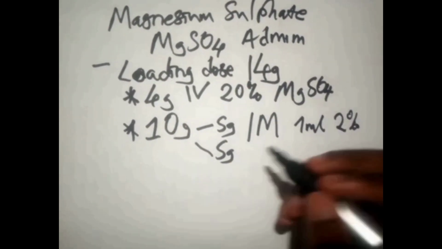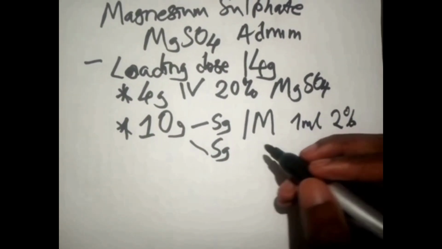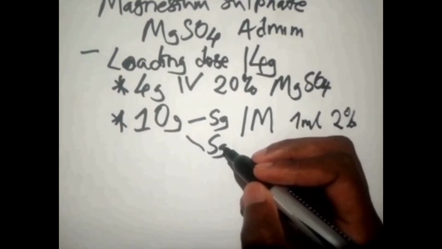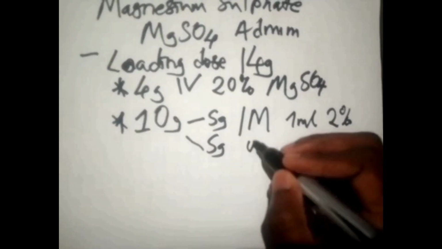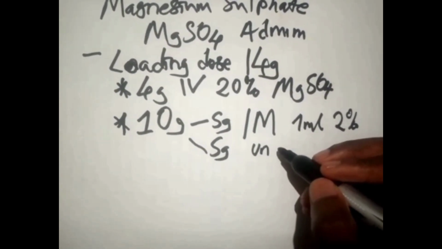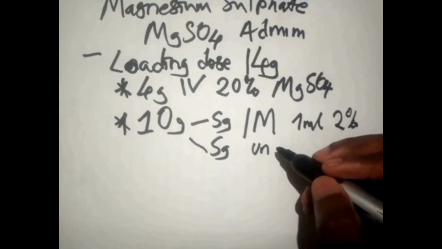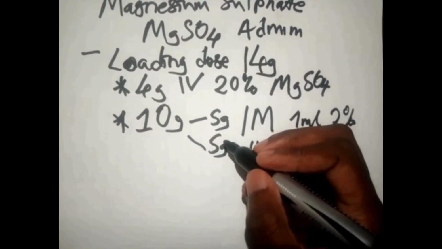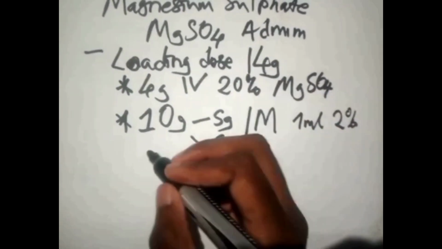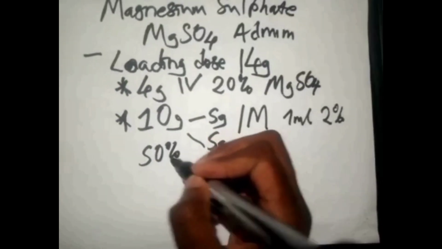Now the difference is that for these two, the 5 grams each, in our setup we have 50%. The 4 gram, I said, is 20%, but for the 5 gram we use magnesium sulfate 50%.